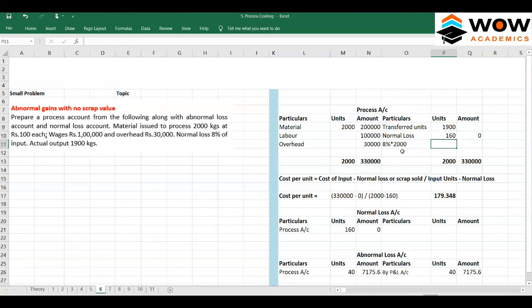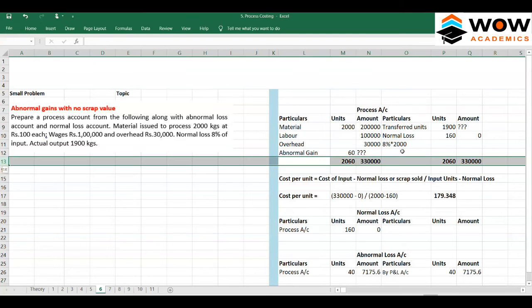So our number here would be 2060, and this amount gets carried to the other side, and here you have the balancing figure. The balancing figure would be abnormal gain. Abnormal gain units is 60, but we don't know the value of it. So we have to find out two values. So let's start.